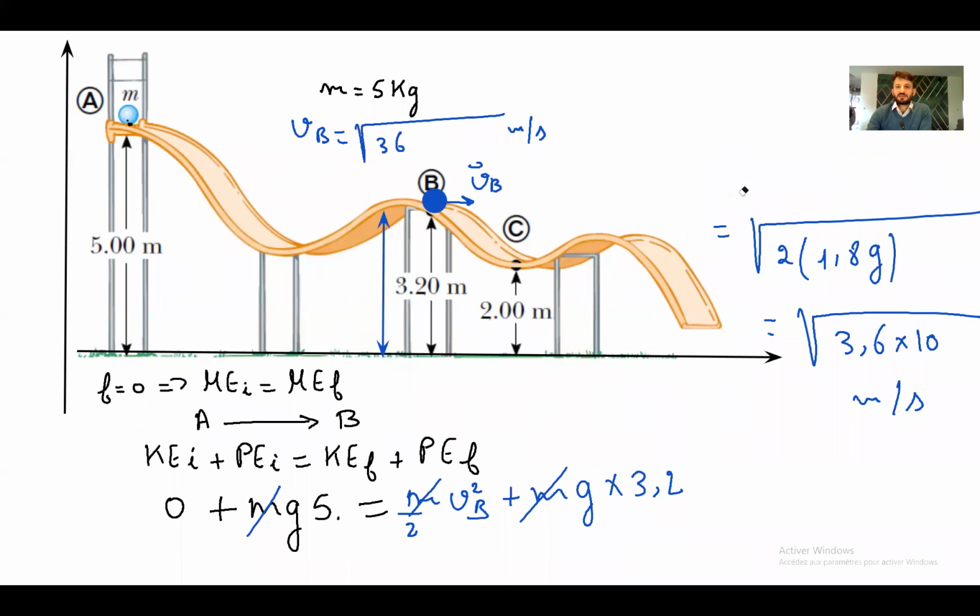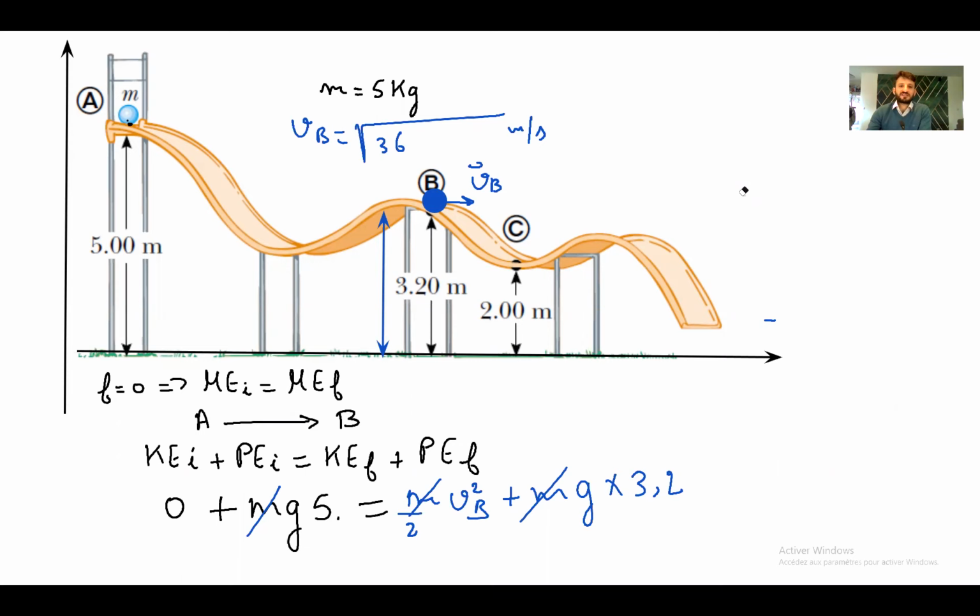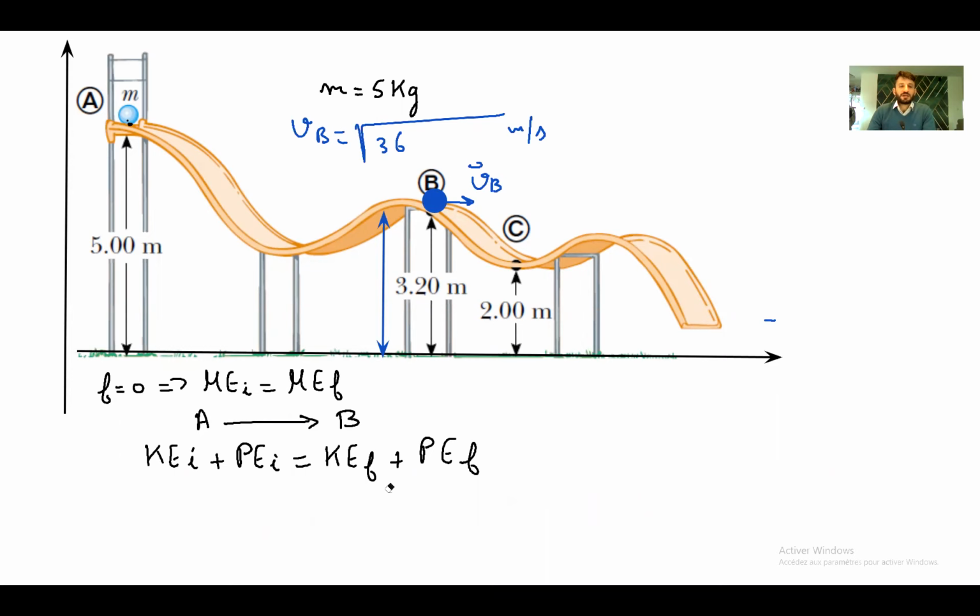Now we can apply the same method to calculate the speed at the position C. Here we can take 2 points, initial and final.